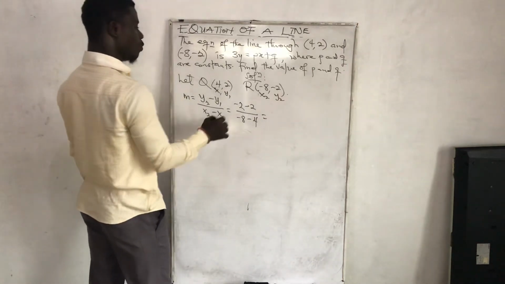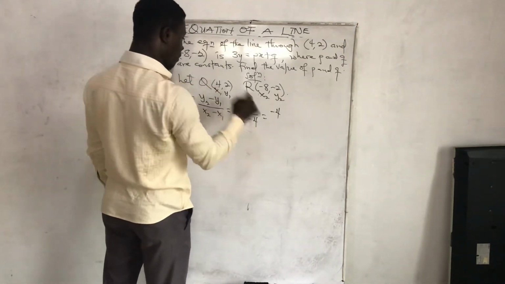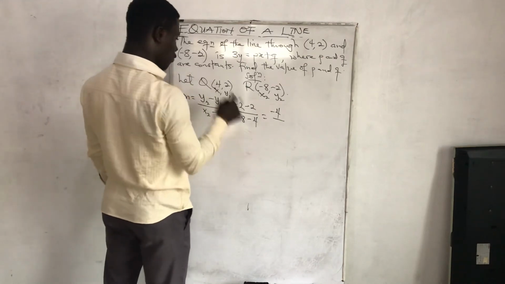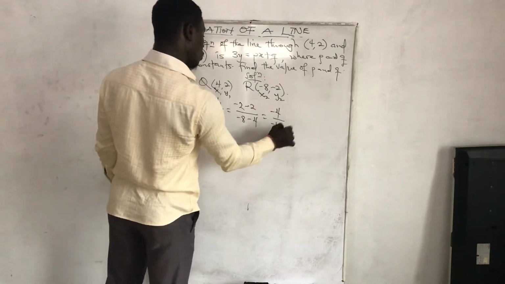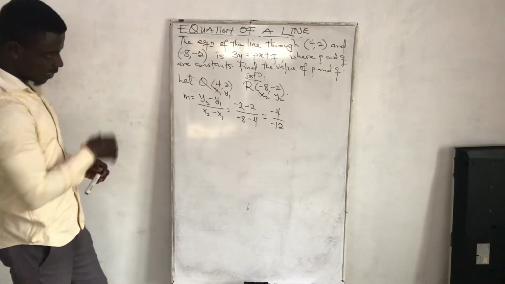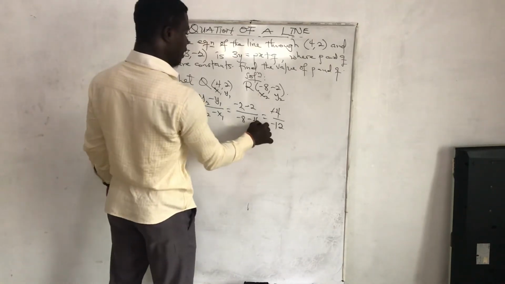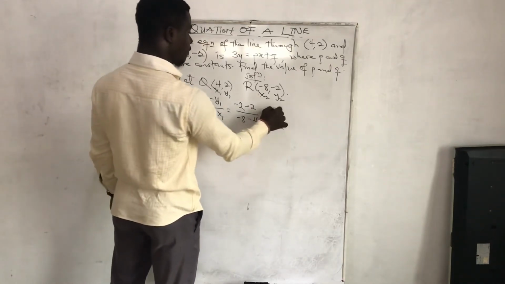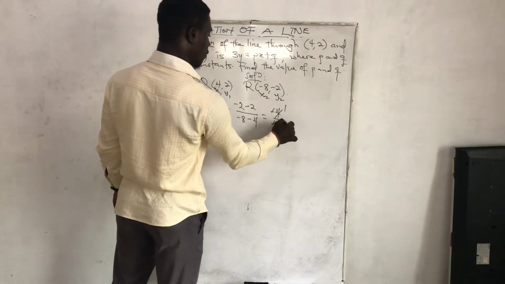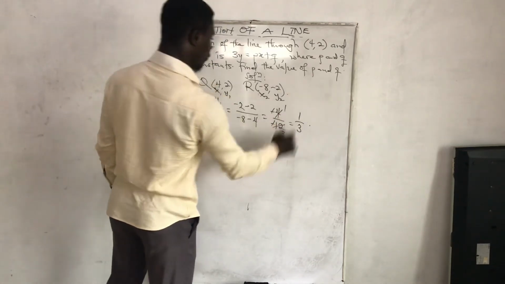So -2 minus 2 gives -4, then -8 minus 4 gives -12. Negative cancels negative, giving positive. 4 into 12 is 3, so I get 1 on 3.